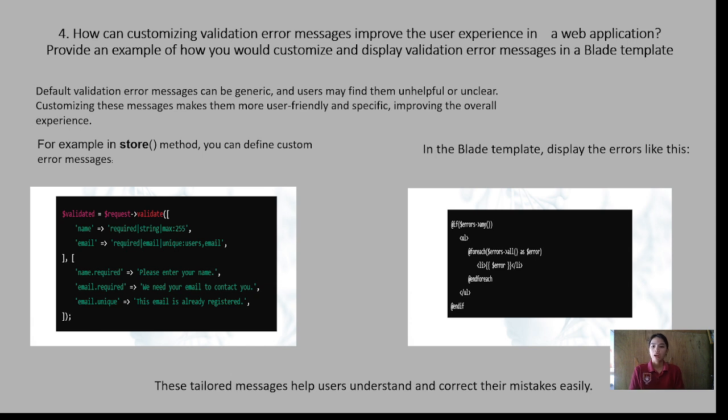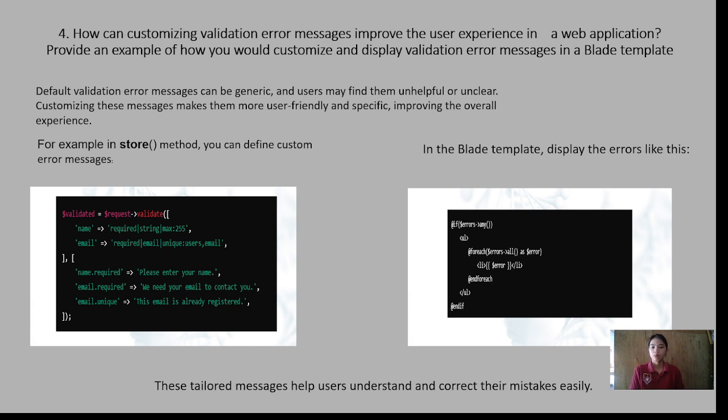Number 4. How can customizing validation error messages improve the user experience in a web application? Provide an example of how you would customize and display validation error messages in a Blade template. So default validation error messages can be generic and users may find them unhelpful or unclear.